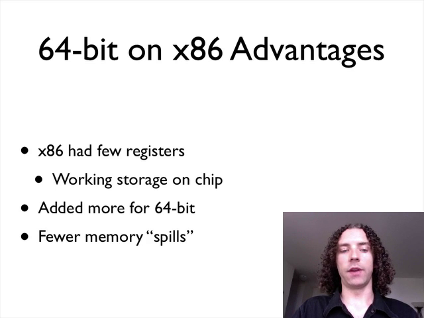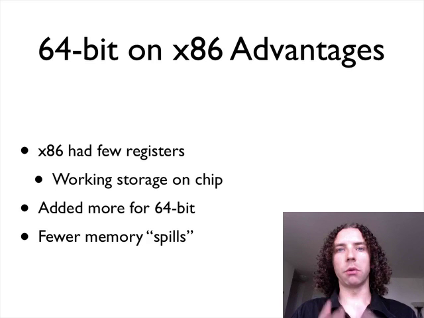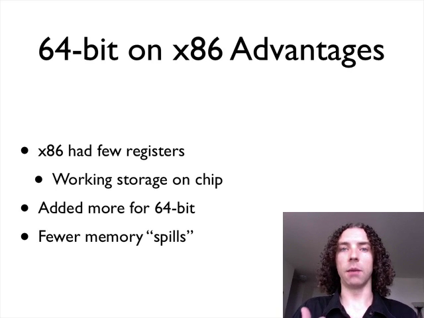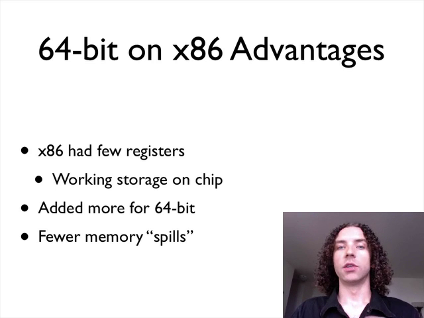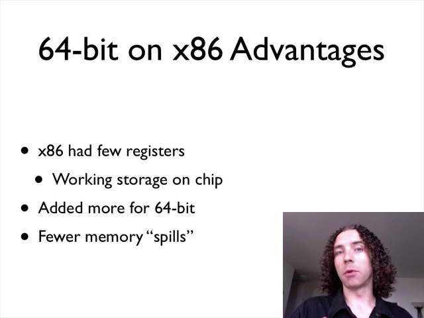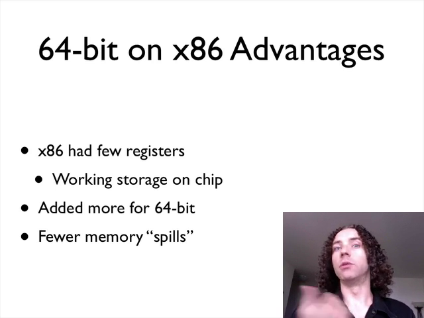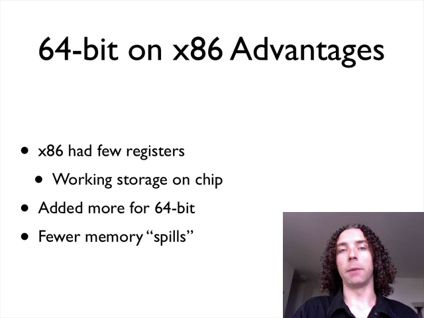So the real benefit here was you had less of what's called a memory spill. This is what it's referred to when you're trying to work with a bunch of pieces of data, but you don't have enough registers to hold them all. So you'll do what's called spilling memory you're not currently using but are going to use soon into a piece of memory.